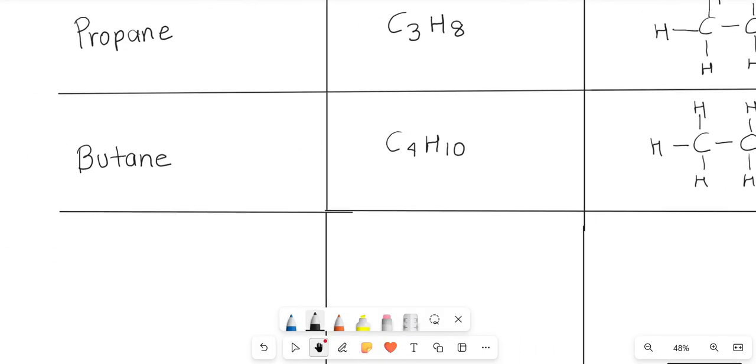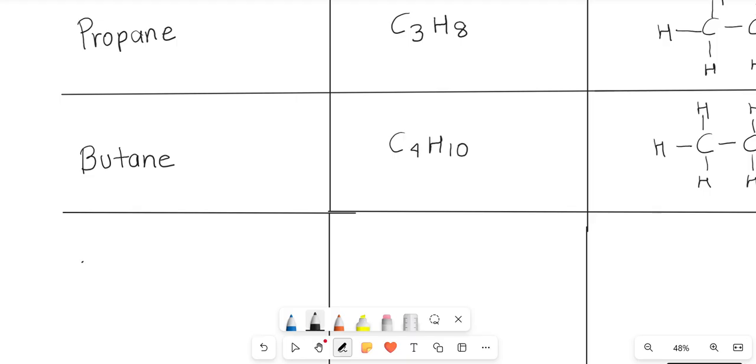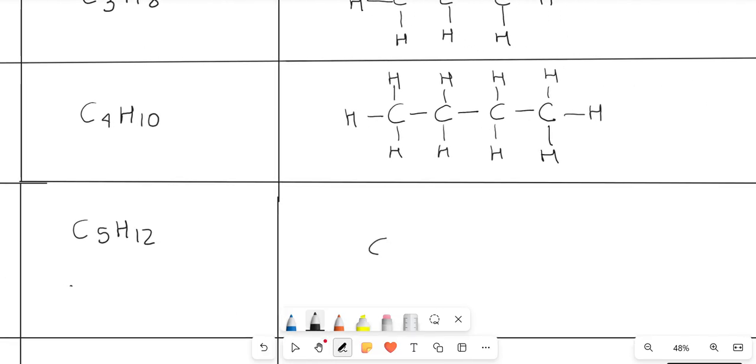And the last one, sorry, not the last one, but the second last one we are looking at is pentane. Pentane has 5 carbon atoms and 12 hydrogen atoms.